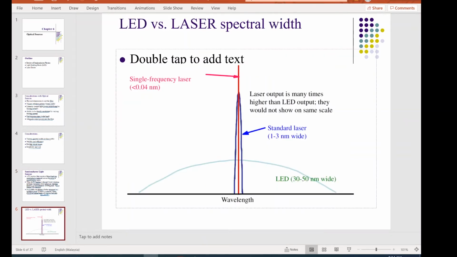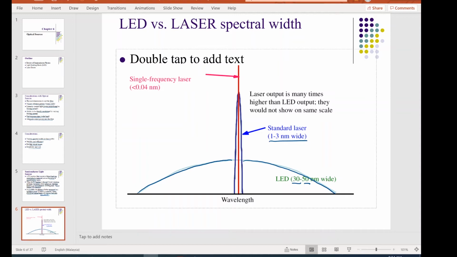If we compare the output of LED versus laser, this is the LED spectrum, which is about 30 to 50 nanometers wide. For a normal laser, we have a much smaller spectral width, about 1 to 3 nanometers.